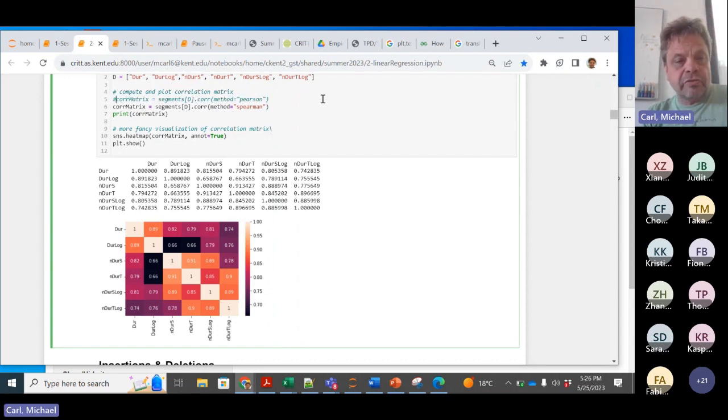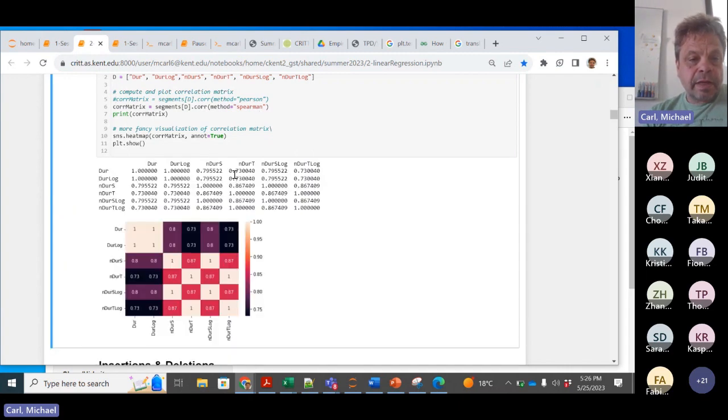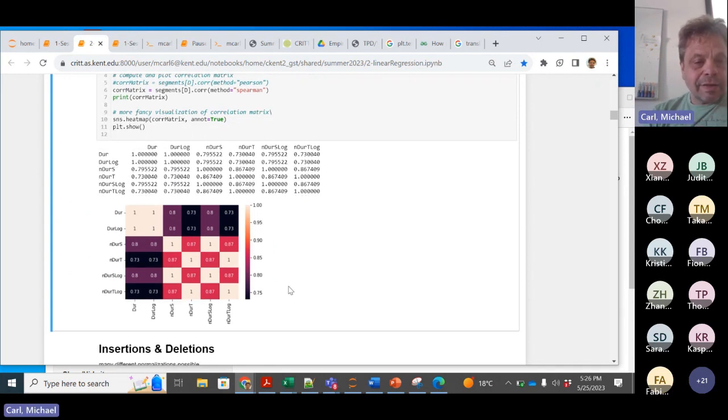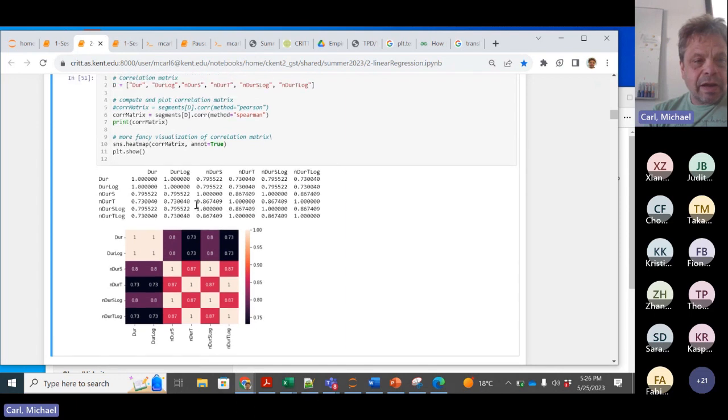But if we take the rank-based correlation, we talked about this yesterday a little bit, you can see that the values are quite different, right? So in the rank-based correlation, whether we log transform something or not does not change the correlation coefficient here, right?